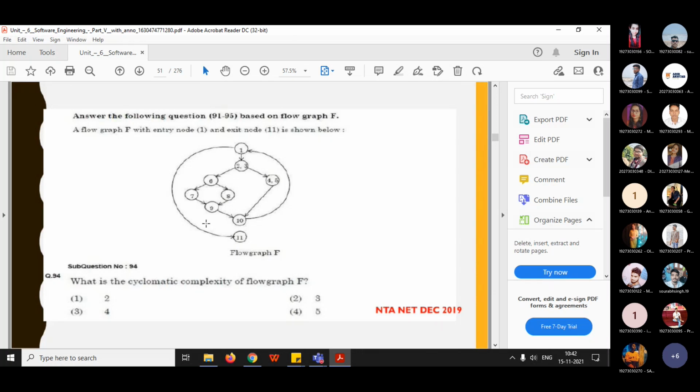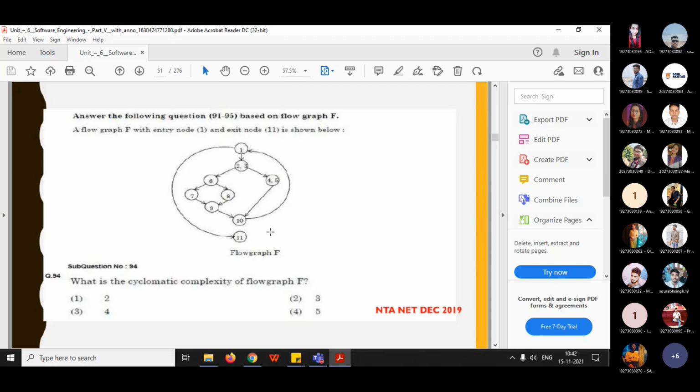So cyclomatic complexity is used to find out the number of regions in a graph. So tell me, what will be the cyclomatic complexity? Madam, 4.